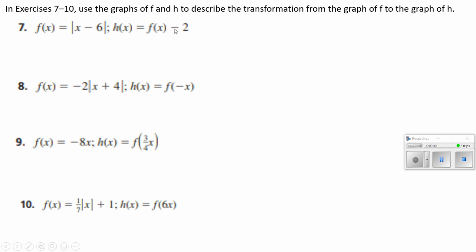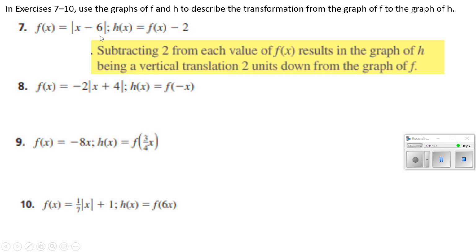So over here, we're going down 2 from the point, subtracting 2 from the value of f of x, which results in the graph of h being a vertical translation 2 units down from the graph of f, okay? 2 units down. Number 8 is for you to do.